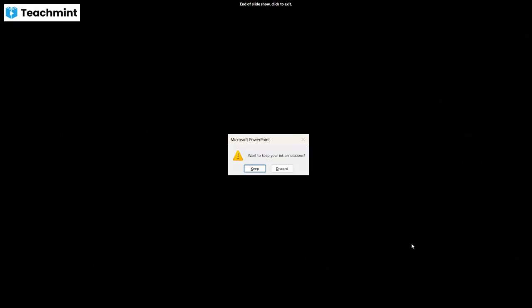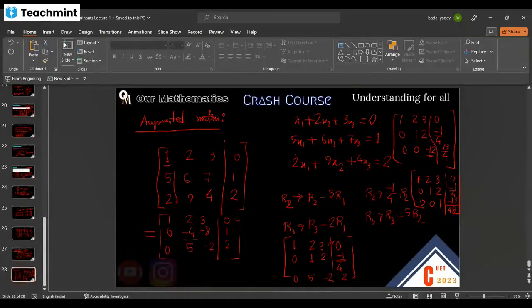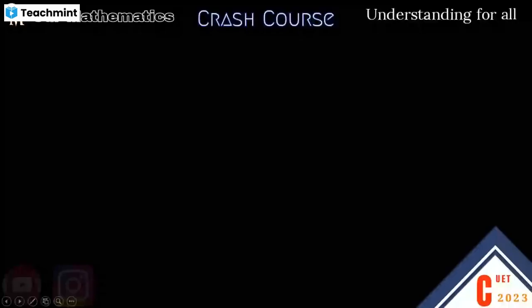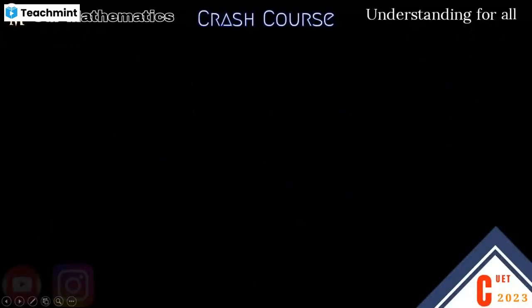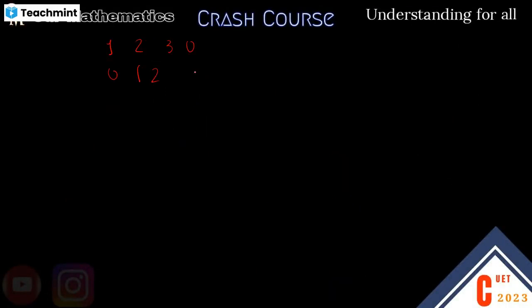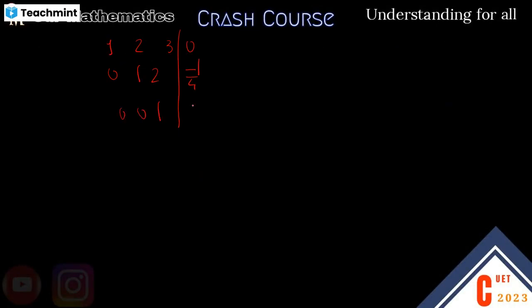Just a minute. I will just add a slide in here. Slide. Okay, so if we change this to equation form, we get 1 2 3 0, 0 1 2 minus 1 by 4, there is an augmented bar, 0 0 1 minus 13 by 48, right?